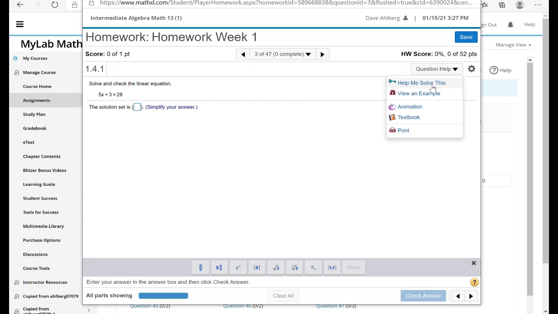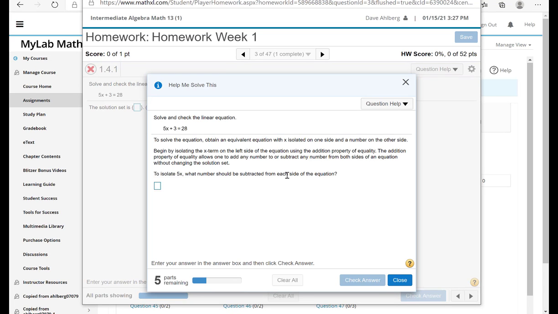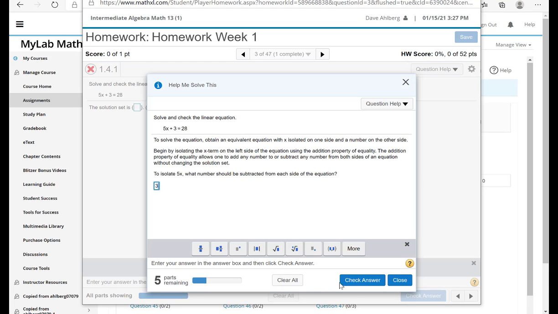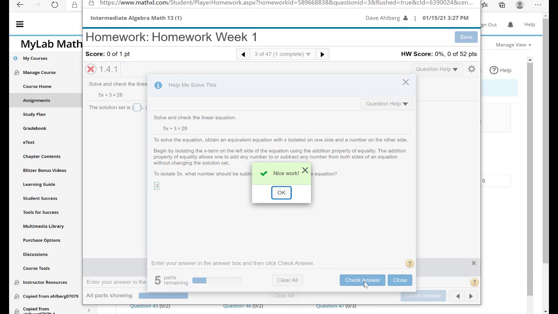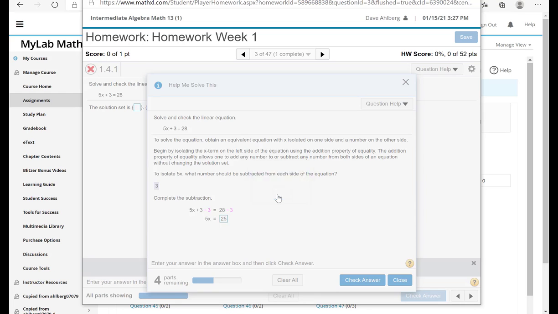Let's go to help me solve this. So we have to isolate, so continue. To isolate the 5, we'd subtract 3 from it. Okay, check answer. Yep, okay. Complete subtracting 3, we get 5x is equal to 25. Okay, check answer, okay.